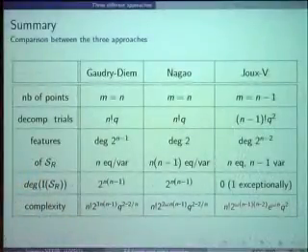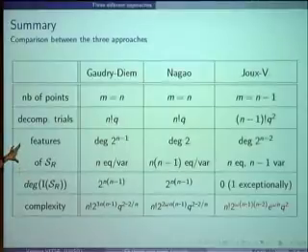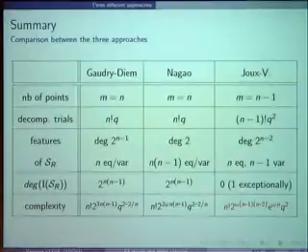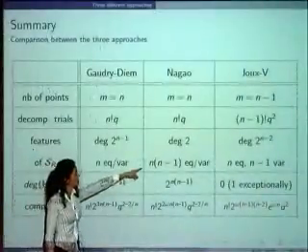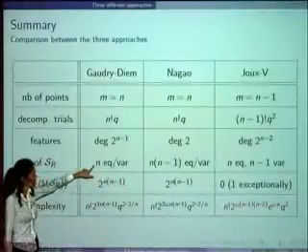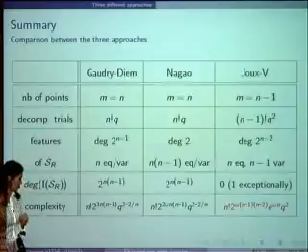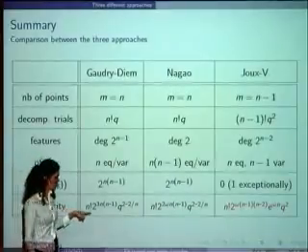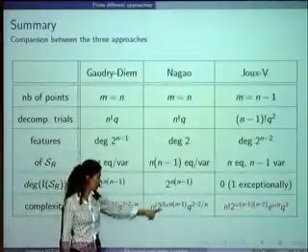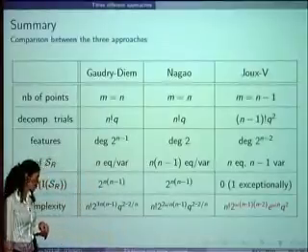The main difference concerns the features of the polynomial system. Here we get a quadratic system with this number of equations and variables. Here we have only n equations and n variables of degree 2 to the power n minus 1. And this makes quite a difference in the complexity of the resolution of the polynomial system.